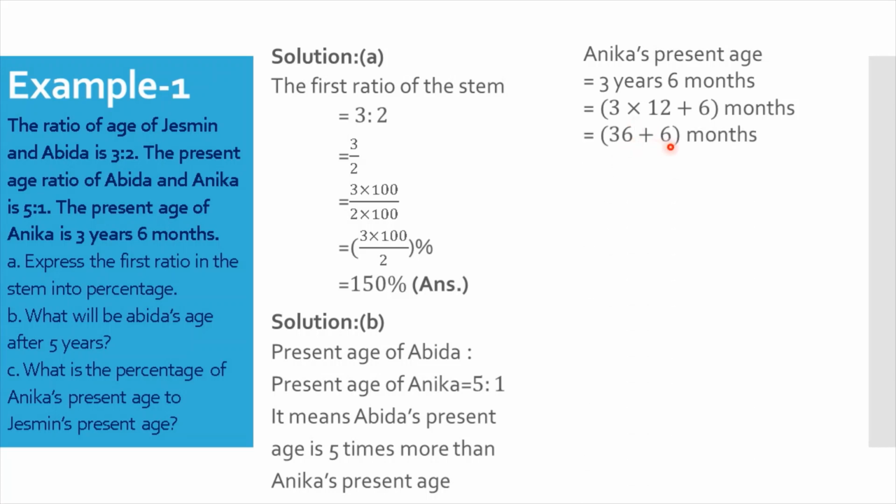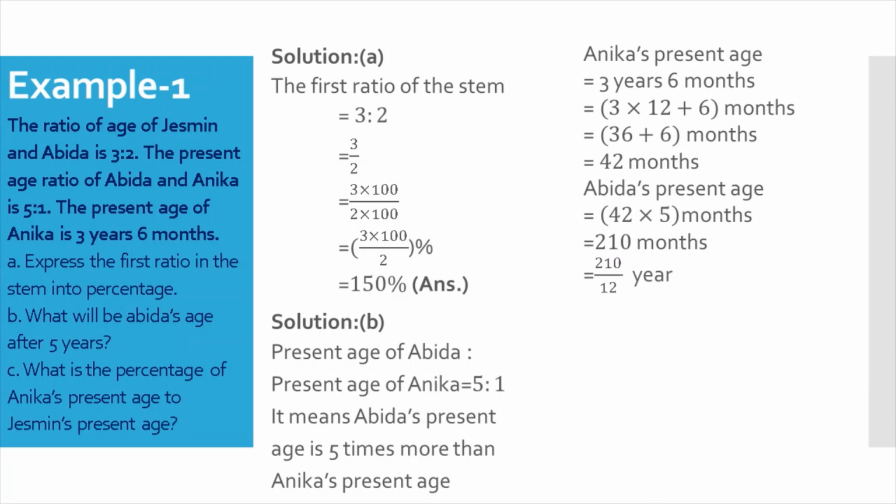So 36 plus 6 months, 42 months. This is Anika's present age. After that, Abida's present age is 42 multiplied by 5. How? Because here it is written Abida's present age is 5 times Anika's present age. Anika's present age is 42, so Abida's present age will be 42 multiplied by 5.